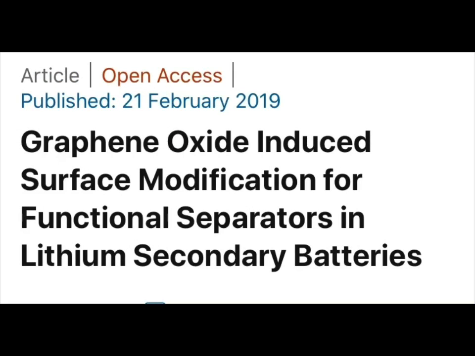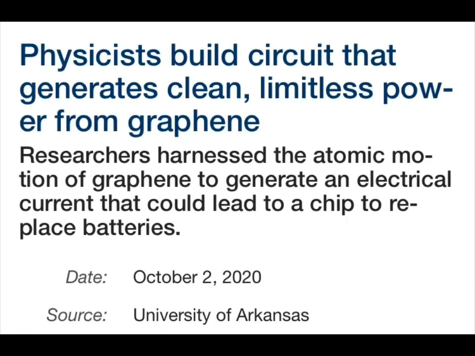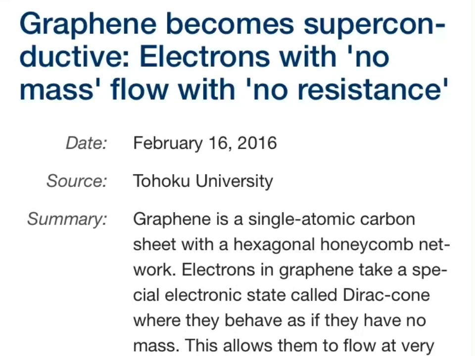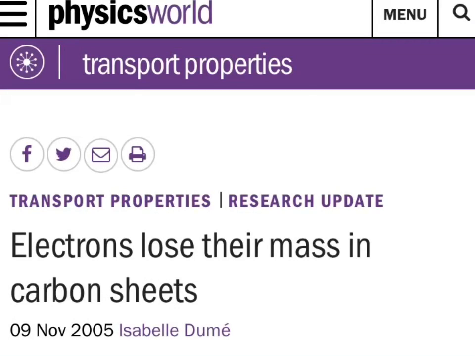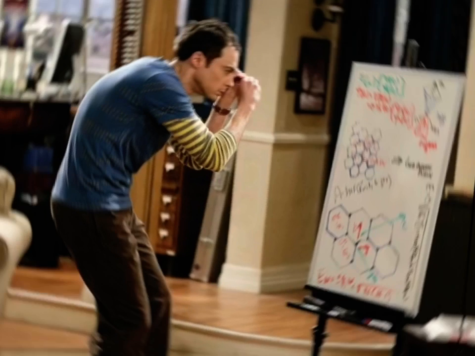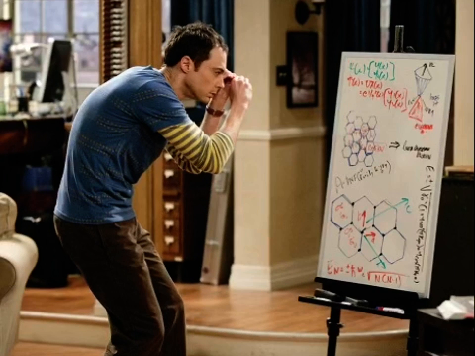And that's the type of characteristic that would be ideal in this situation. Along with that, researchers have found that when electrons move through graphene, they move through as if they have no weight, and that has physicists all around very confused as to what that means.